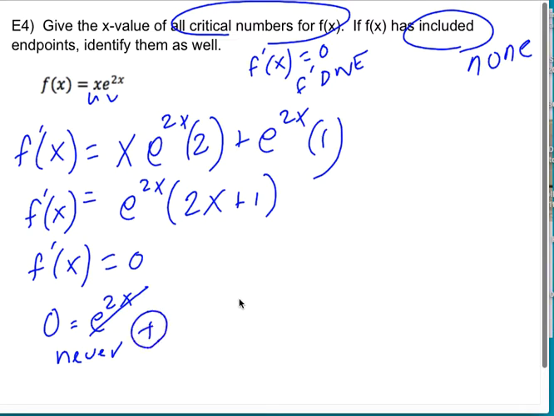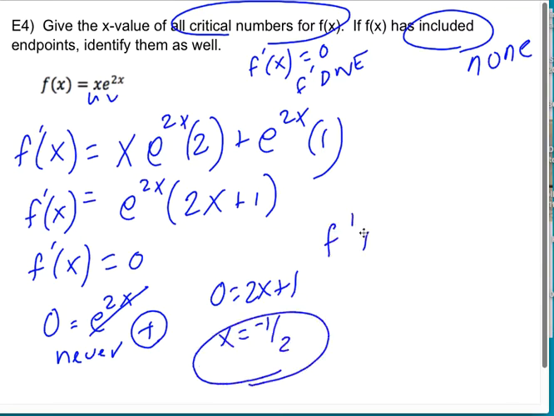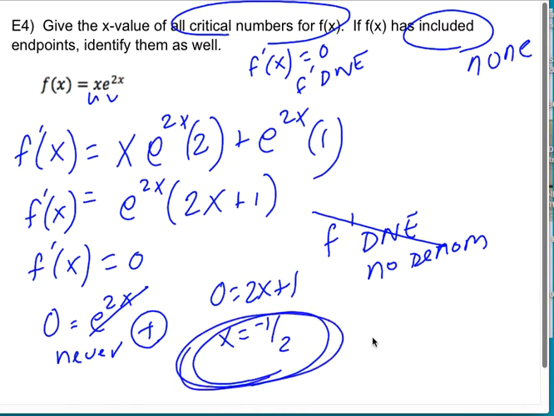That's a positive number. 0 can't be positive. Or when 0 equals 2x plus 1, which is going to give me x is negative 1/2. So that's definitely true. And f prime does not exist is never going to happen because there's no denominator. For something to not exist, you basically are setting the denominator equal to 0, and there isn't one. So your only answer is this negative 1/2.